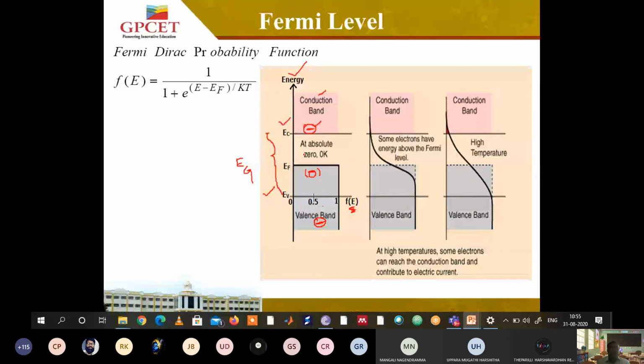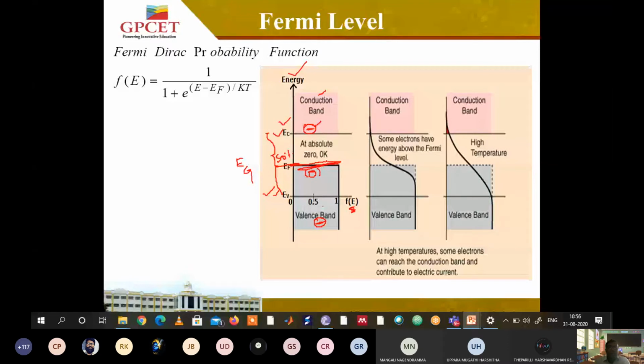Where is that 50%? This is Ec and this is Ev. In between Ec and Ev, it's nothing but 50%. This is called 50%, half of Ec and Ev. So this half of Ec and Ev is a level called the Fermi level, where the electrons are occupied with only 50%, but not 80%, not 90%, and not 100%.